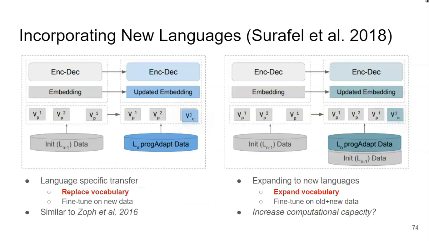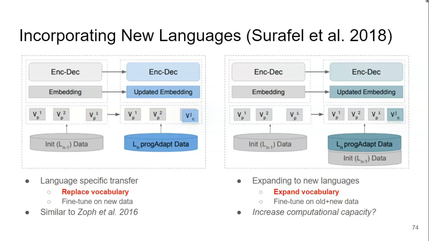Surafel et al. proposed some simple methods to incorporate new languages into a multilingual neural machine translation setup. The left-hand side of the figure shows a simple way to have language-specific transfer. So you have some initial data for certain language pairs. You get some vocabulary from this initial data, have embeddings corresponding to the vocabulary, and an encoder-decoder model.